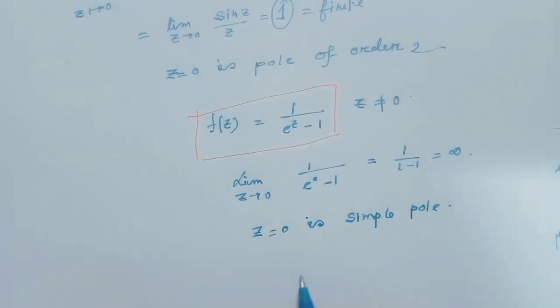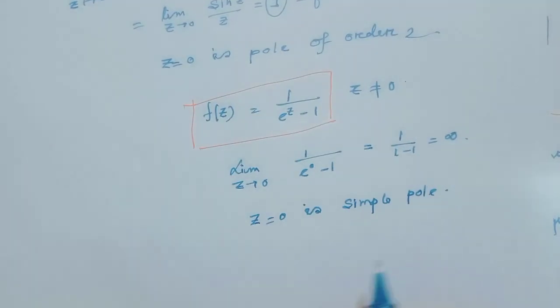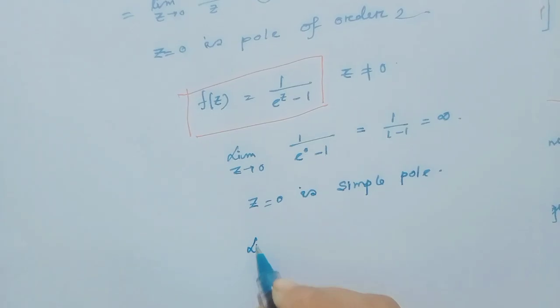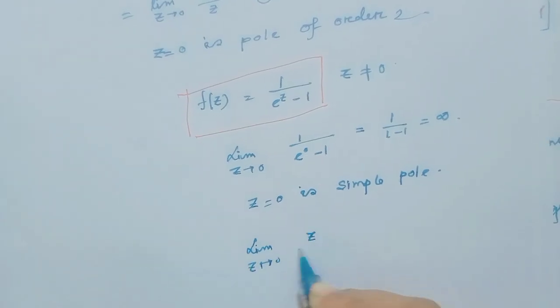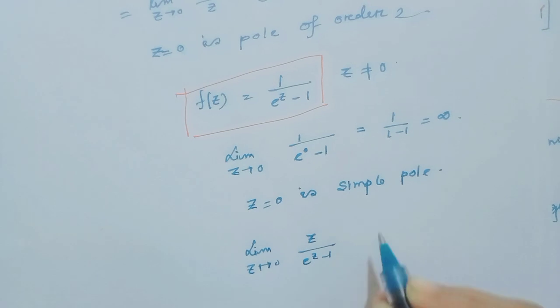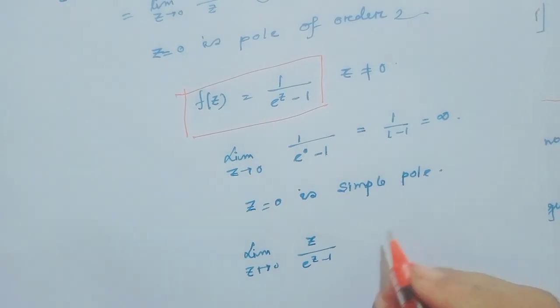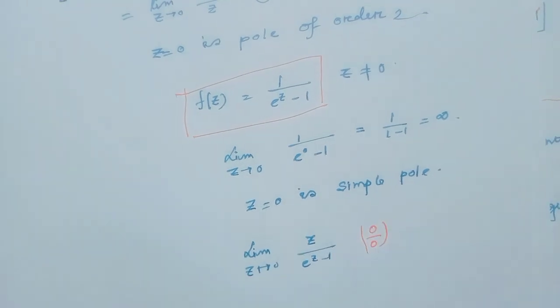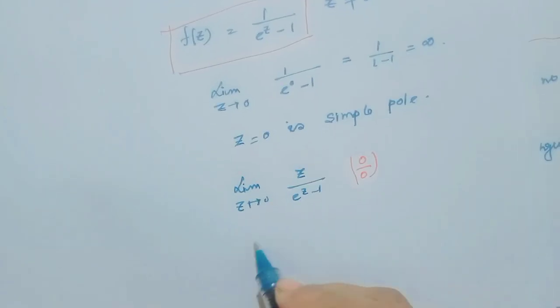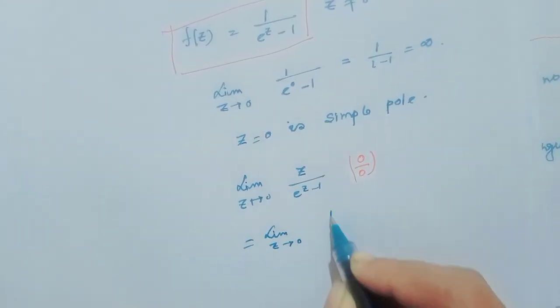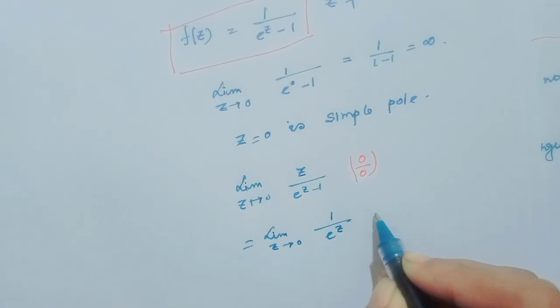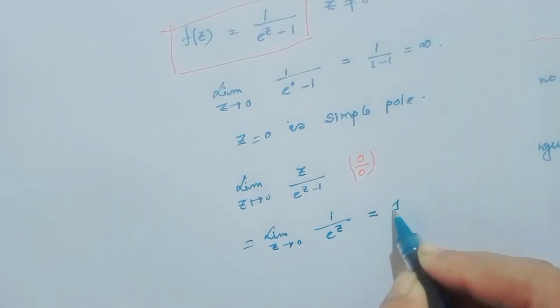Also, since this is a simple pole, the limit as z tends to 0 of z over (e^z minus 1), notice this is the 0 by 0 form, so this value would be the limit as z tends to 0 of 1 over e^z, and this value is equal to 1.